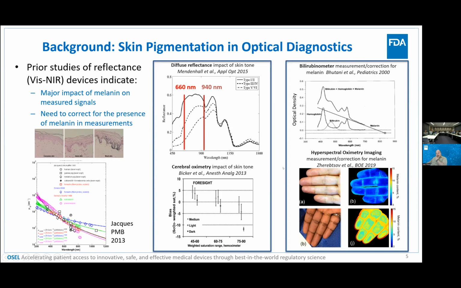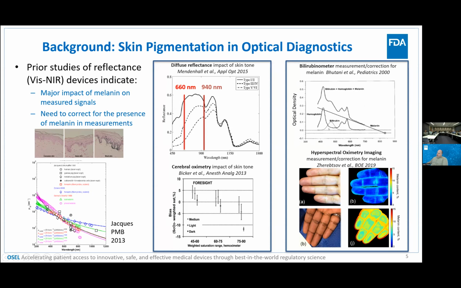But the impact of melanin on optical devices goes well beyond oximetry devices: bilirubinometers, photoacoustic imaging, which I'll talk about a little bit later. There's a very interesting paper about bilirubinometer design and the algorithms used.